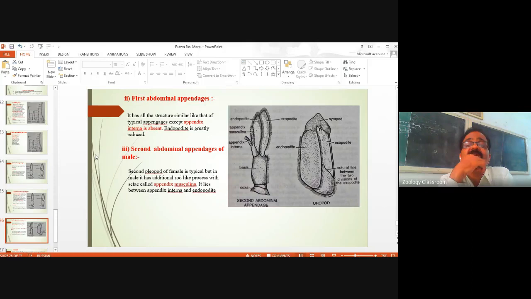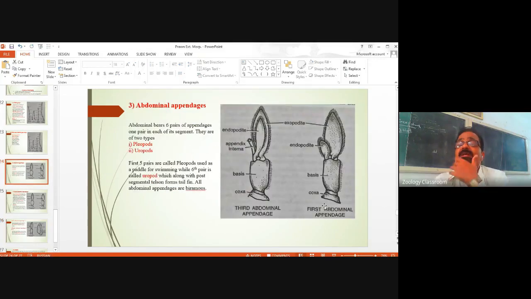It has all the structure similar that of the typical appendages except appendix interna is absent. फर्स्ट ॲबडॉमिनलमध्ये इथं कोक्झा आहे, बेसिस आहे, एंडोपोडेट आहे, एक्झोपोडेट आहे, की जे इथं तिसऱ्या चौथ्या आणि पाचव्यामध्ये जसं आहे अपेंडिक्स इंटरना तो इथं नाहीये.